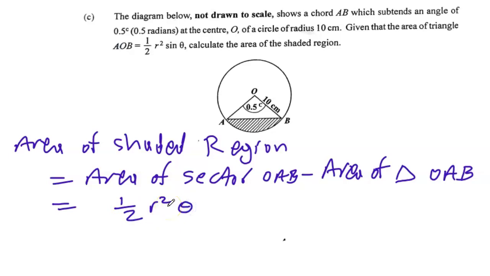When the angle is given in degrees, it's theta over 360 times pi r squared. But it's in radians, so we use half r squared theta, minus the area of the triangle, which is half r squared sine theta.